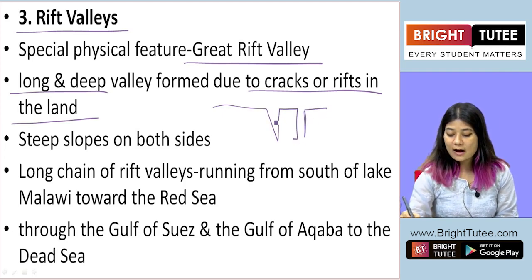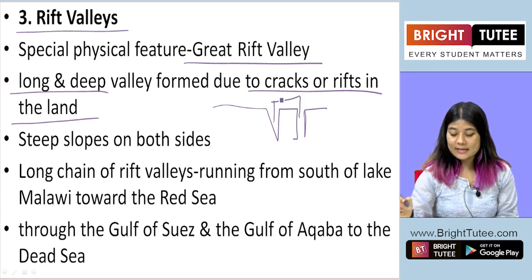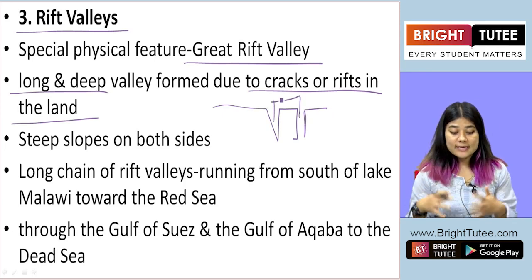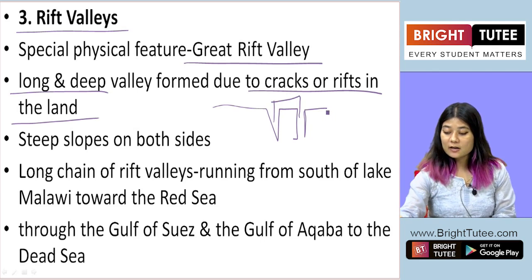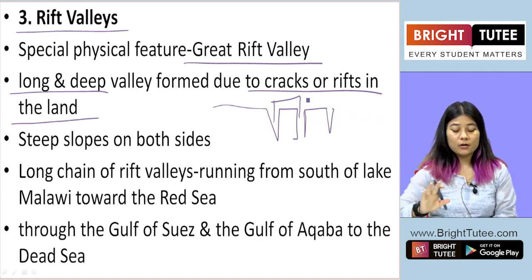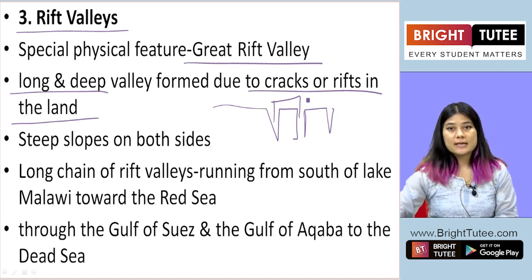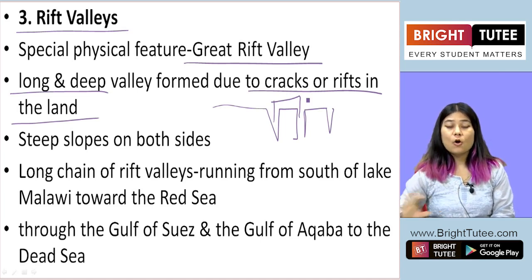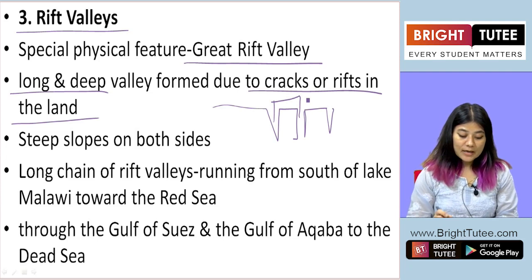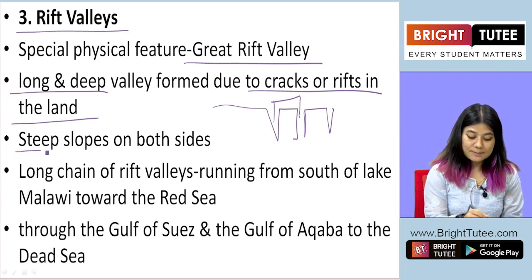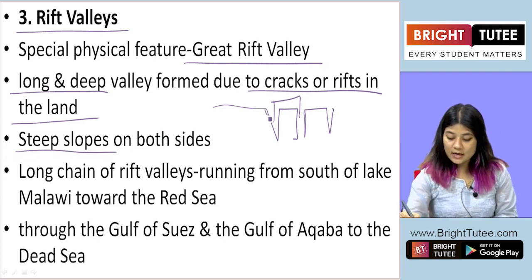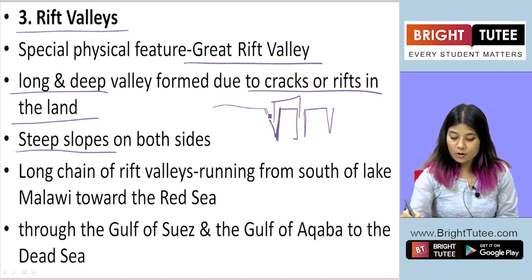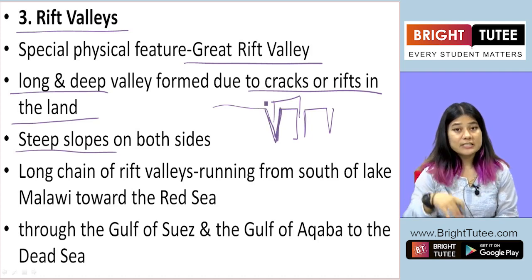So these are the rift valleys that are formed, and they continue to stretch and cover long distances. Now these valleys have steep slopes on both sides. So the slopes on both sides are very steep.